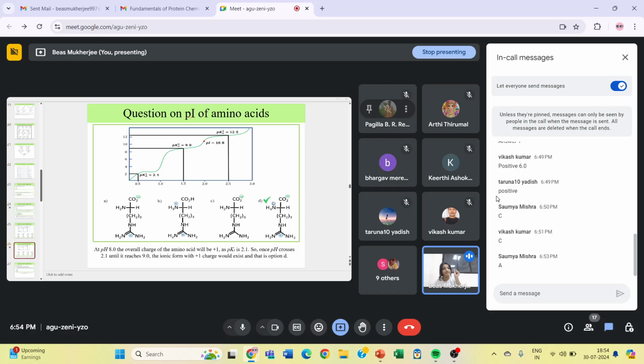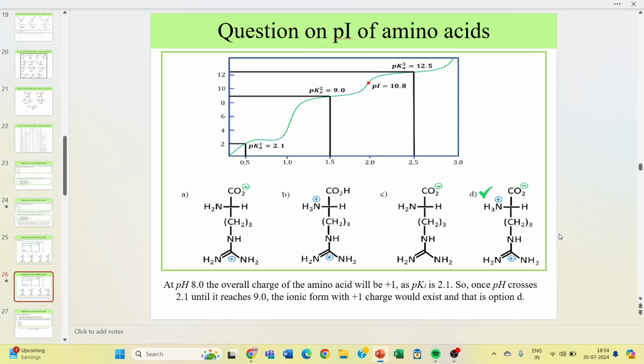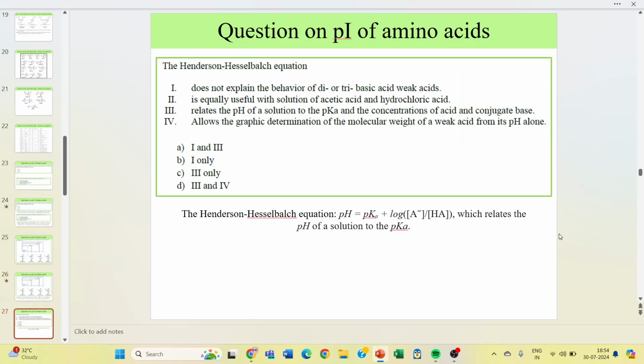Here the alpha amino group exists as NH3 plus and the R side chain exists as NH3 plus. But then the COO group exists as COO minus instead of COOH. So that is the right answer. I am sure you've understood. If you have not understood, please stop me and question me. Okay. Now we will look at the next question.